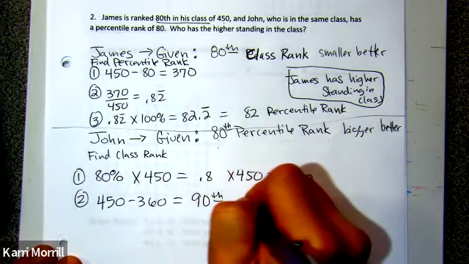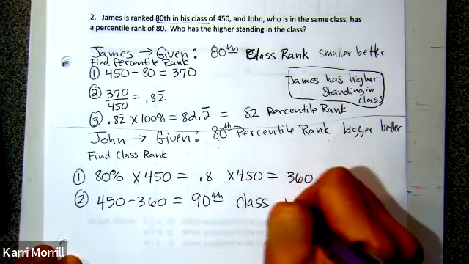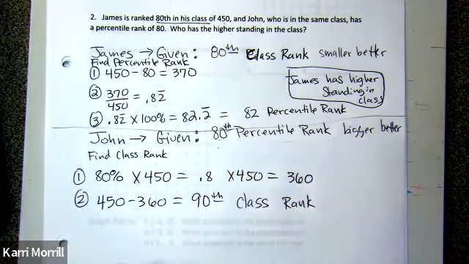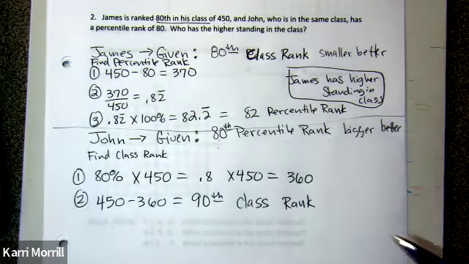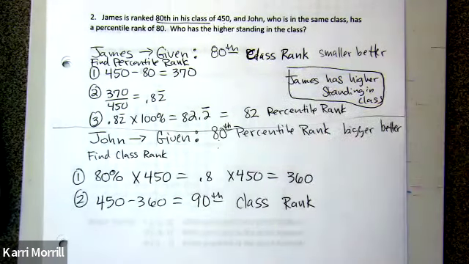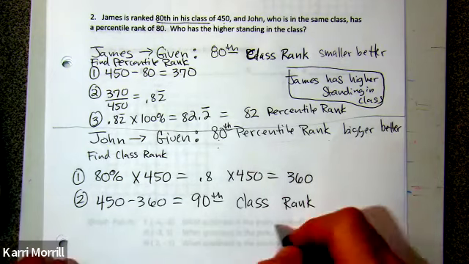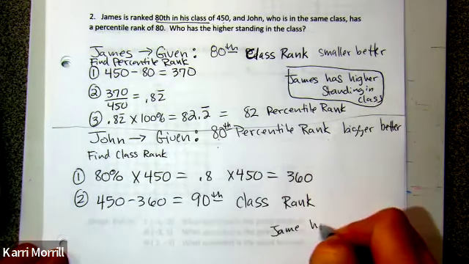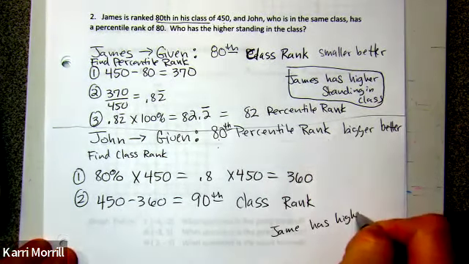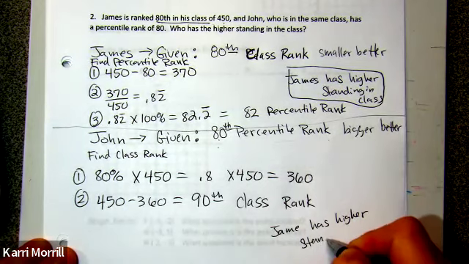So he would land as the 90th name in the list if we had all 450 names for this class. Whereas James landed as the 80th name, 10 people above him, right? So again, we prove that James has a higher standing in the class rank.